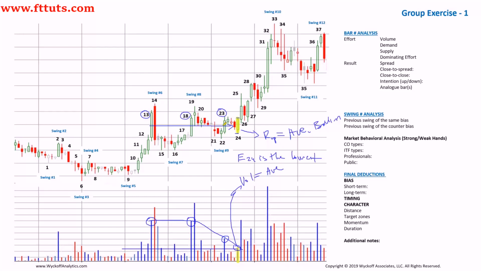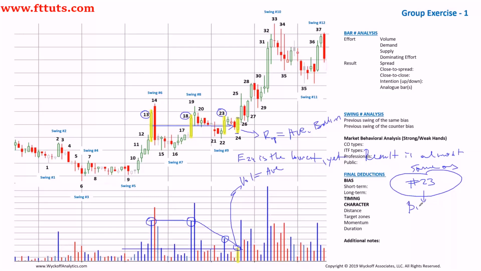And let me just highlight them all so that you would visually see them better. Okay, so all of these bars, and then we're seeing how the effort is the lowest, yet the result is almost the same as bar number 23. So 23 is a good analog bar for us. So Ronnie, what does that suggest? Effort is the lowest and result is almost the same.